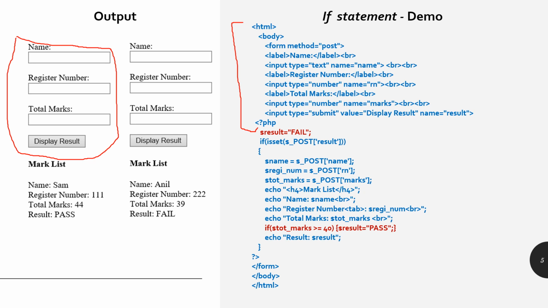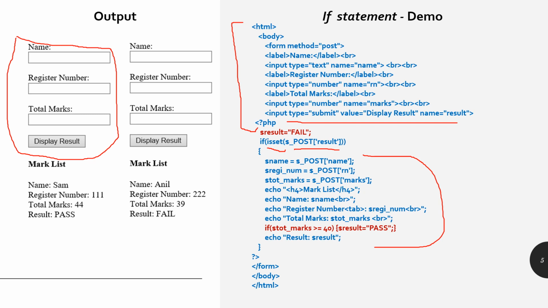For that we used the post method, and here we test whether the button has been used for submitting the form. If that is the case, it will return true, and if it is true, this entire block will be executed.